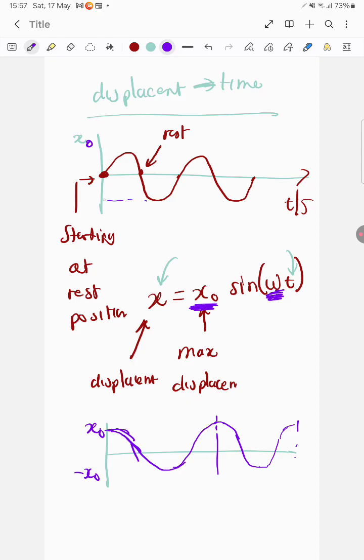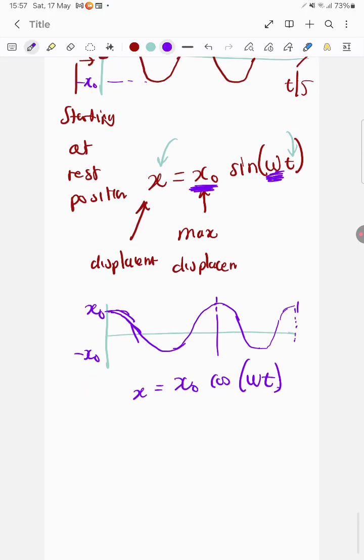And then this time it's x is equal to what? X is equal to x naught cos omega t. Do you understand that? Nice and easy, right?